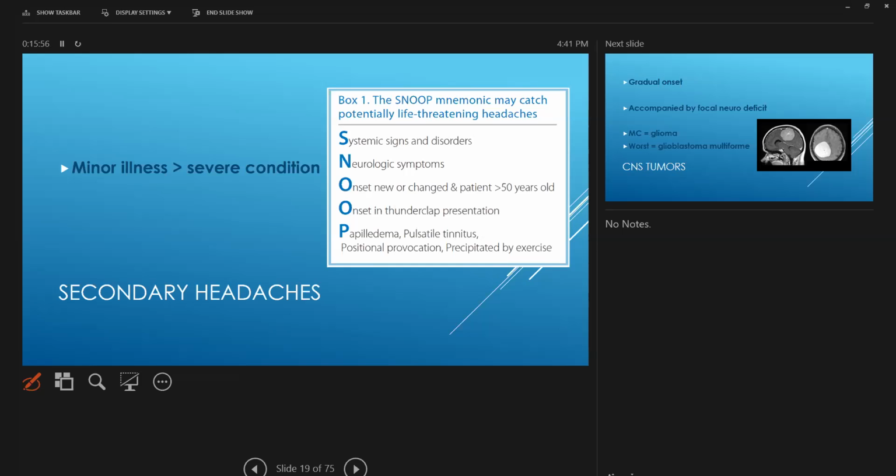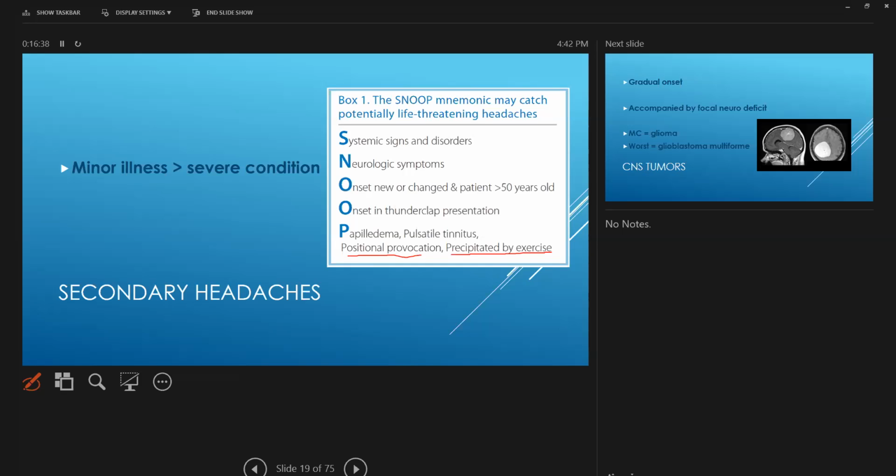The onset is new or is different than previous headaches and is in a patient greater than 50 years old. The onset is a thunderclap presentation, is associated with increased intracranial pressure, which would be papilledema, pulsatile tinnitus, so pulsating ringing in the ear. It's positional, so you bend down to pick something up and wham, or it's precipitated by exercise. So those are really all basically talking about an aneurysm or some sort of vascular cause.